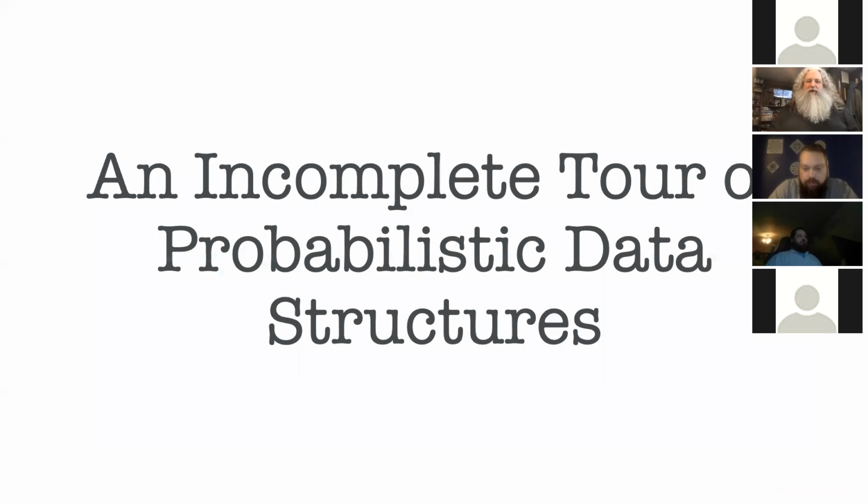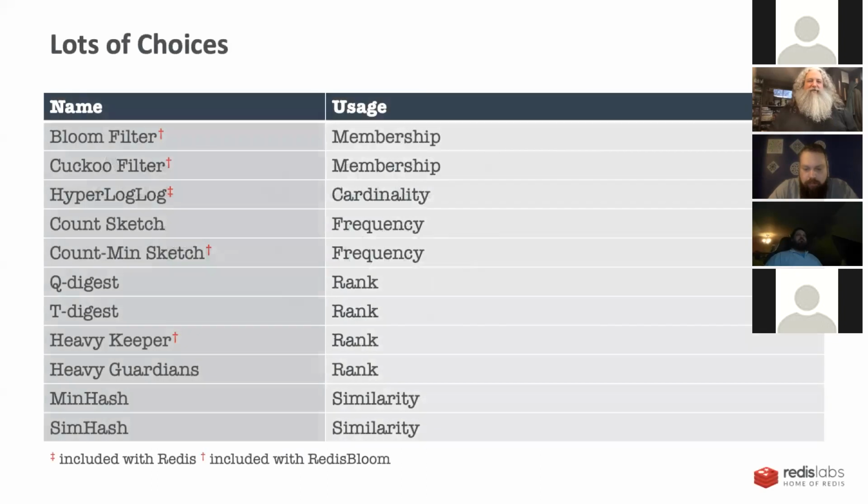I'm going to do an incomplete tour of probabilistic data structures. A couple here. We've got Bloom filters, cuckoo filters. They are like sets. So they determine membership in different ways. If there's a little red dagger there, that means that's included with Redis Bloom.